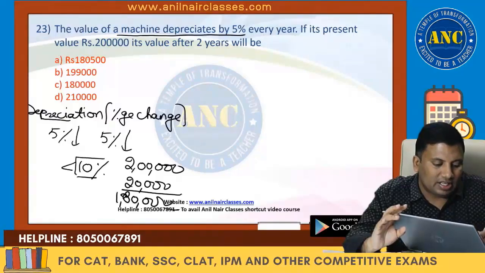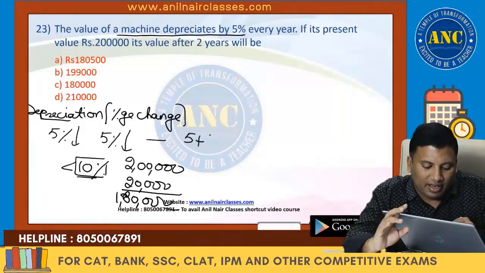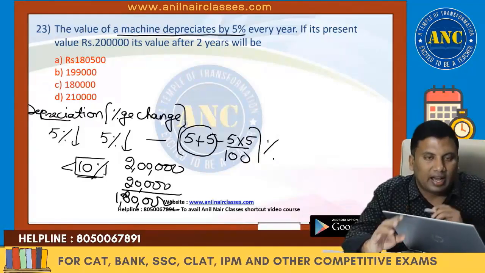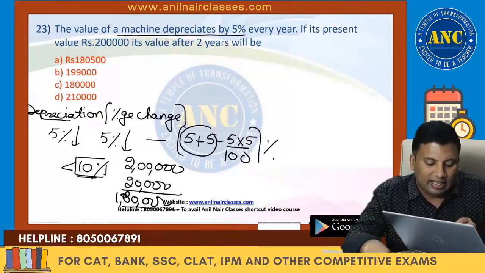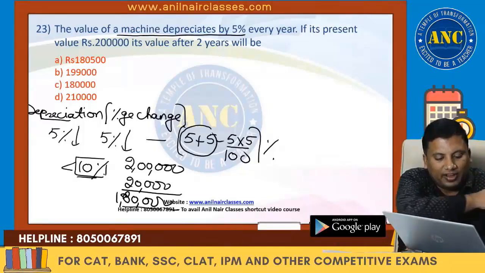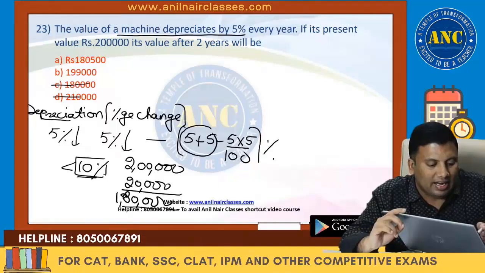So if it is 10%, this is actually 5 plus 5 minus 5 into 5 by 100. If 2%, that means till here I got it as 1,80,000. So answer has to be very, very close to 1,80,000. Not exactly 1,80,000.